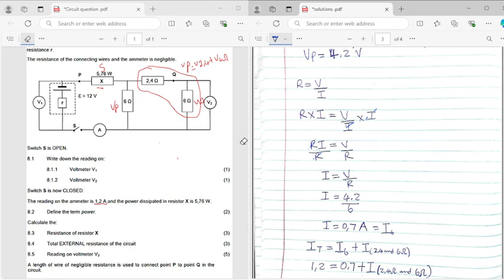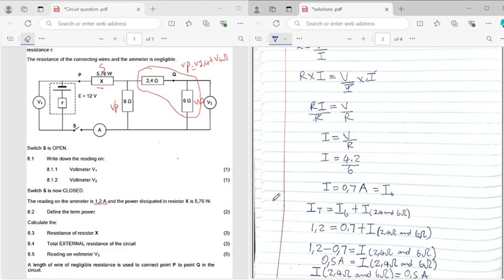So now I can use this 0.7, which is the current I6 on the 6 ohm resistor. I wrote I6 there, and this is the 6 ohm resistor that I'm referring to, not this one.